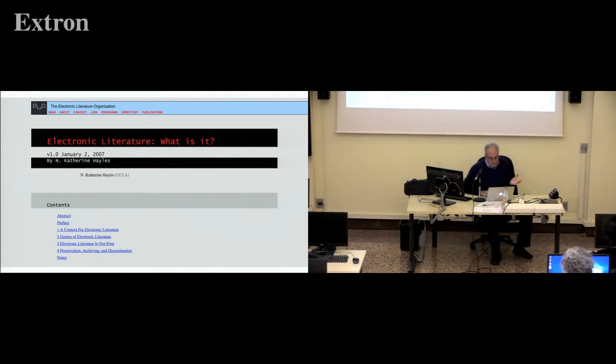And what she means is that print is one of the outputs of the electronic text. But more importantly, electronic text remains distinct from print, even from print that is printed from an electronic text, in that it literally cannot be accessed until it is performed by properly executed code.